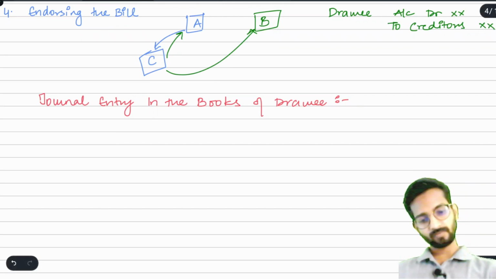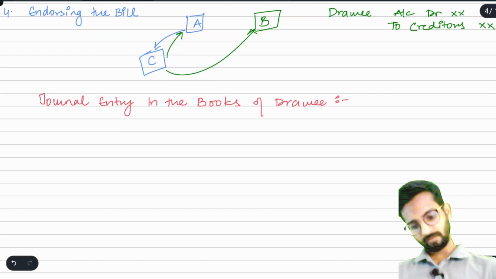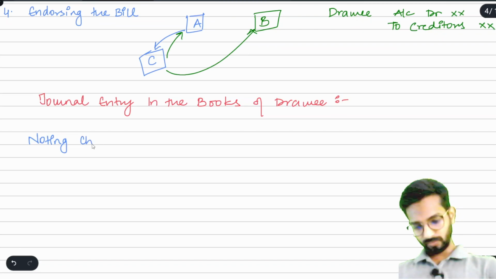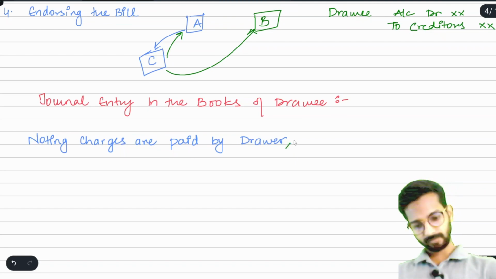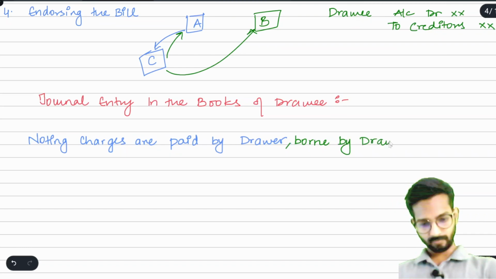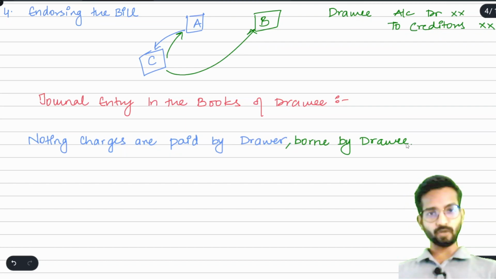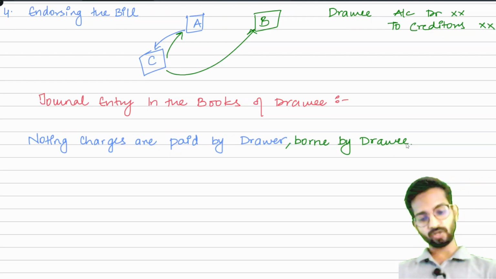So remember one thing, that noting charges are paid by the drawer but borne by the drawee. In the books of the drawer, a noting charges account will never be maintained. Noting charges account will never appear. It will only appear in the books of the drawee. Okay.